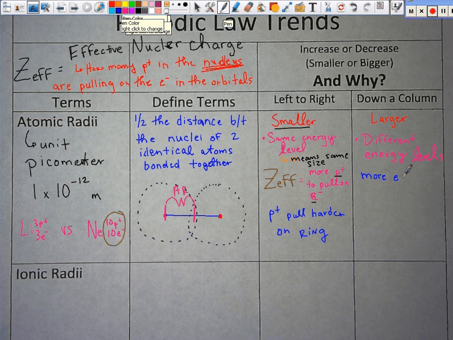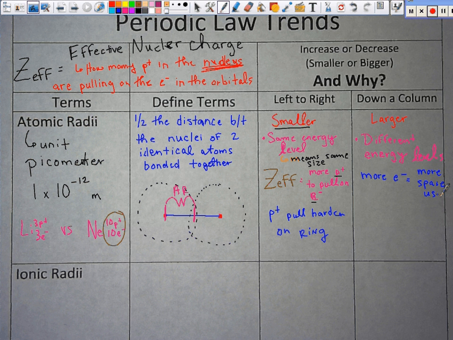So different energy levels means you have more electrons, which means you have more space used. In essence, what I'm really getting to is the fact that you have more orbitals. And again, the way we can easily remember this is you're going to have more rings, if you like the word rings. But technically you are adding orbitals every single time you go down.